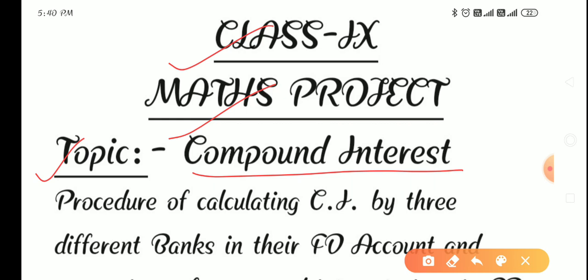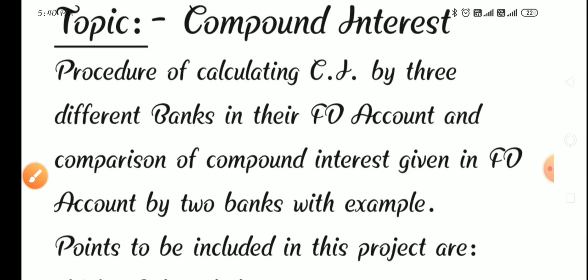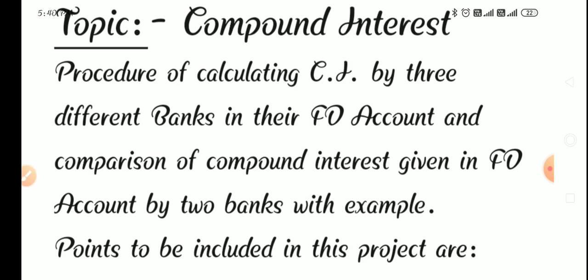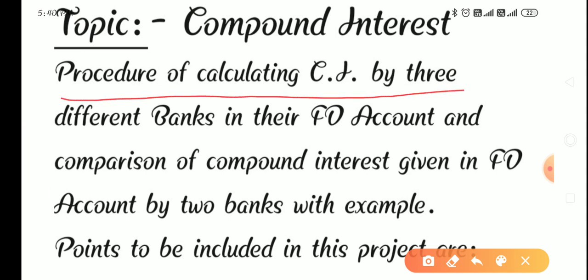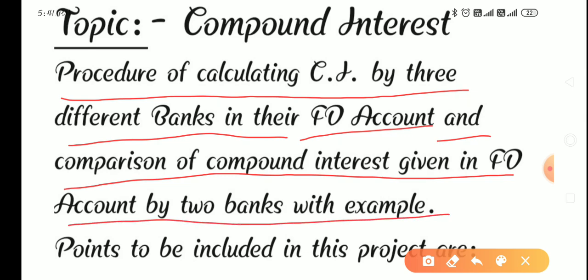What is the objective of this project? I have written it here, I'm reading: Procedure of calculating CI by 3 different banks in their FD account and comparison of compound interest given in FD account by 2 banks with example.